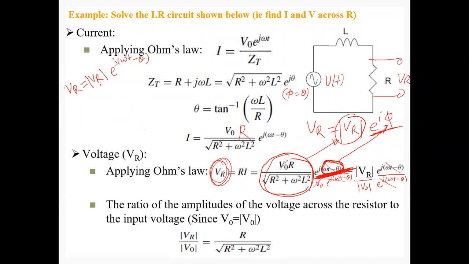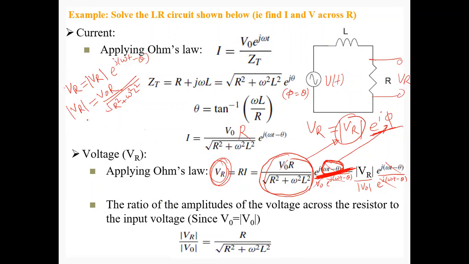So what is my VR then? The absolute value of VR is V0 R over the square root of R square plus omega square L square. Now, how do you find VR over V0 from here?